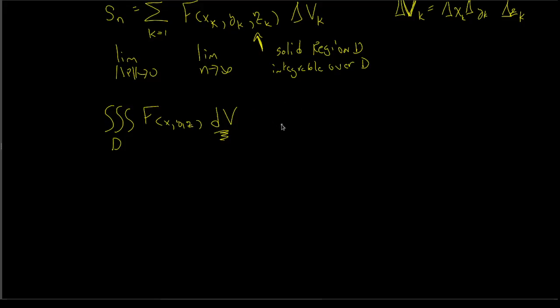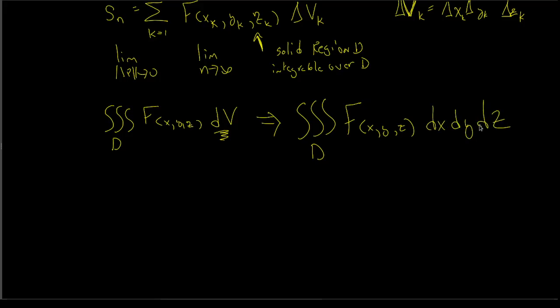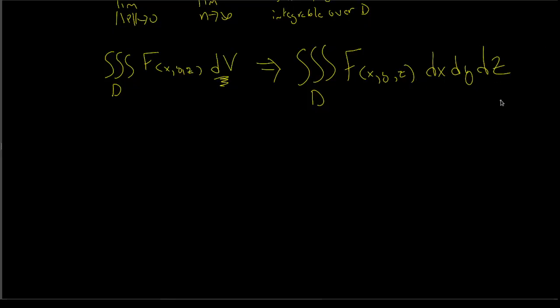But for right now, the way we set up our partitions particularly, we can integrate across dx, dy, dz. And so our job then to find integrations is to find this function that's integrable over a bounded region in space and integrate across all three axes or coordinates that we use.